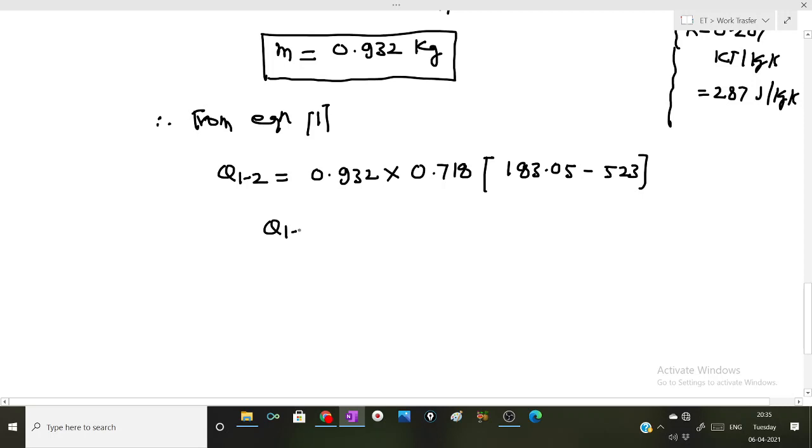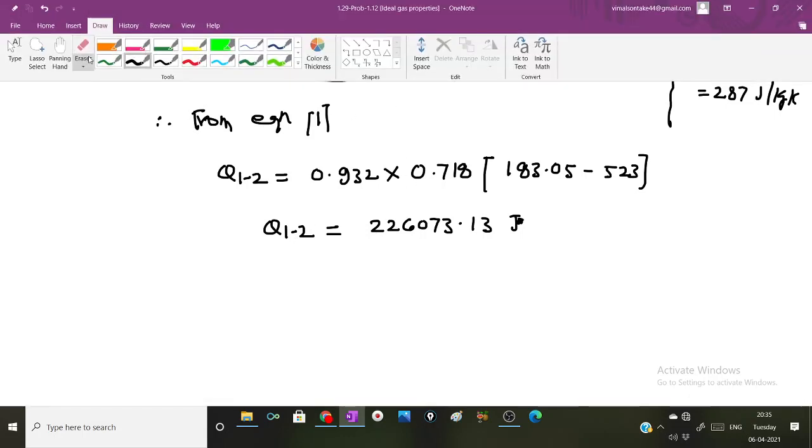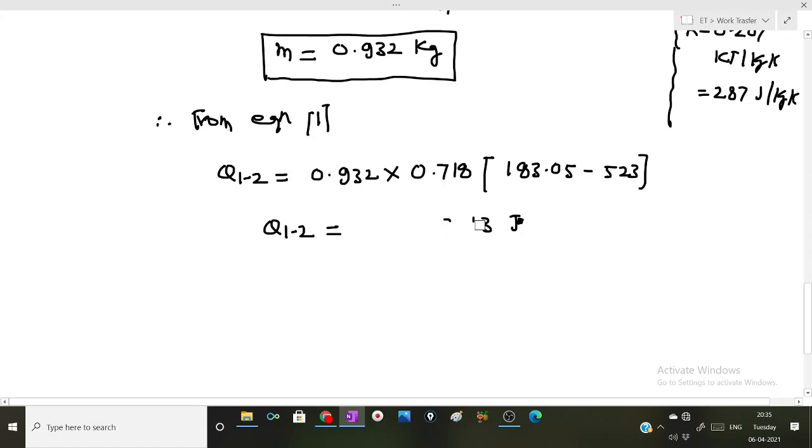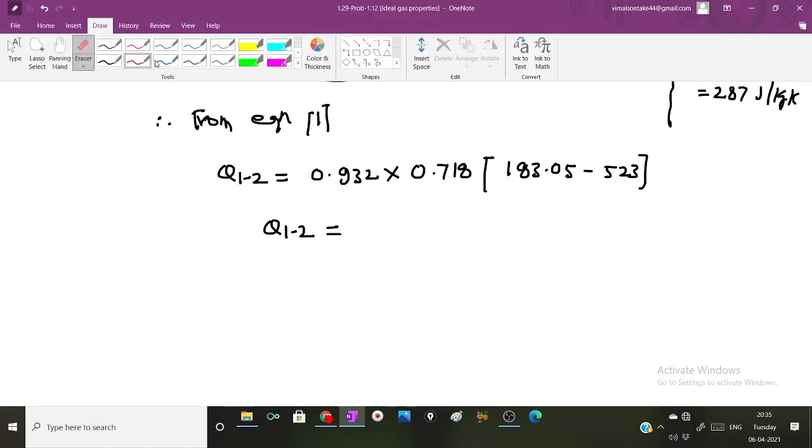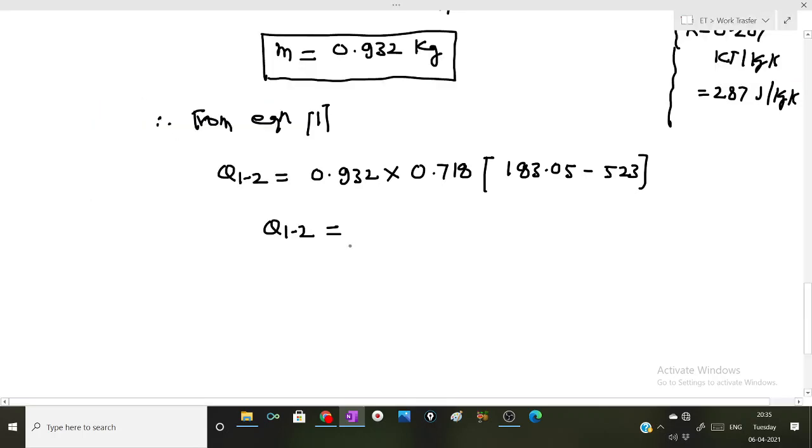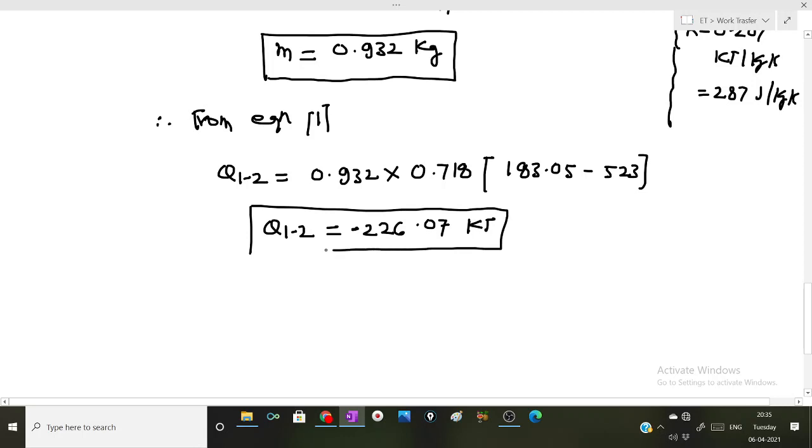So I would get Q122 as 226073.13, sorry, I will get this value as 226.07 kilojoule, and this will be a negative value. This will be the required answer.